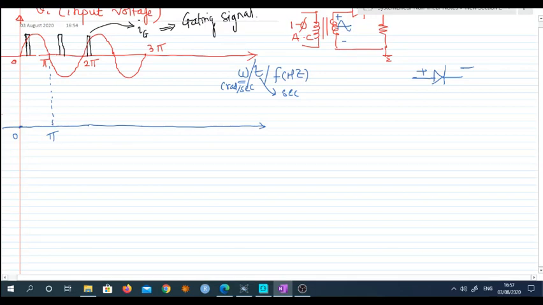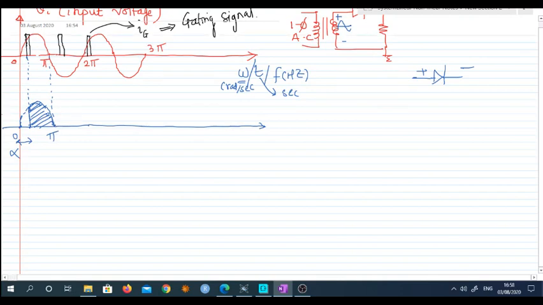Although it is forward biased from this point onwards and it should generate a waveform like this, only at this point, since the gate pulse is appearing, till this point the SCR remains off. From this point onwards my SCR starts conducting. So this is the period during which output voltage will appear at the load side.